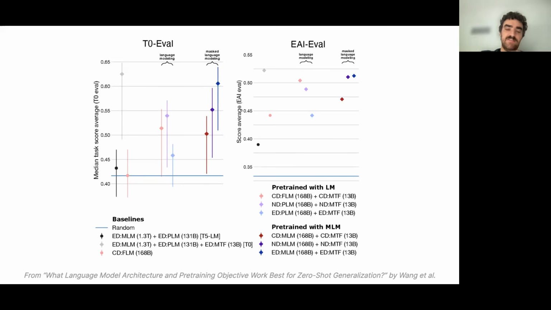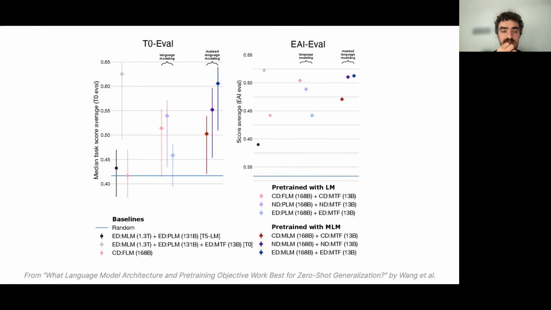If you take T5 and then do continued training on a prefix language modeling objective, you get T5 plus LM, or LM adapted T5. It's not a very good language model. It's just a simple baseline to compare to. The second point, the gray point, is T0, literally.